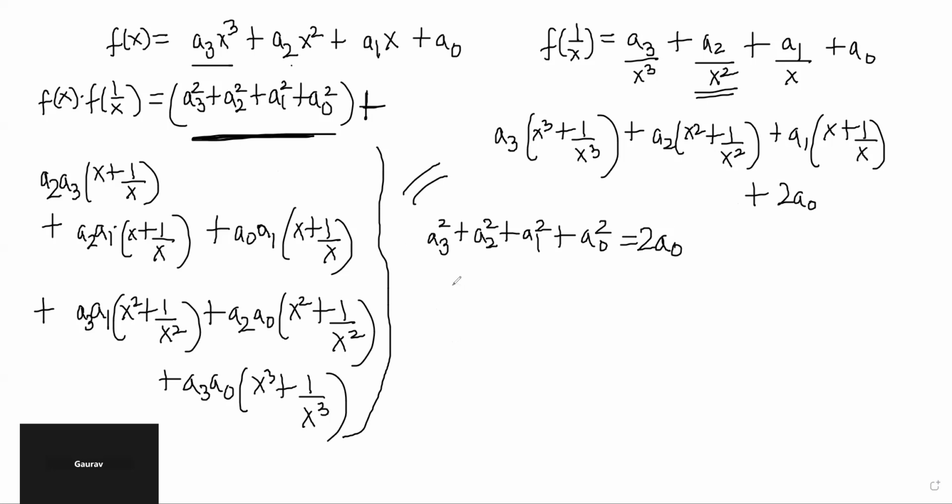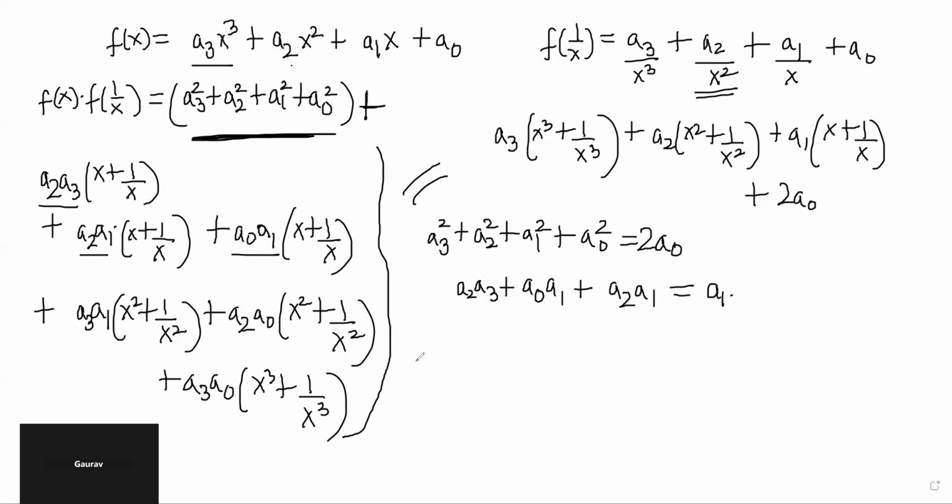Now, notice these three should add up to a3, right? a2 a3 plus a0 a1 plus a2 a1, right? Should add up to a3. Sir, it will be A1 now? Which one? Oh, that, yeah, it will be a1, right?